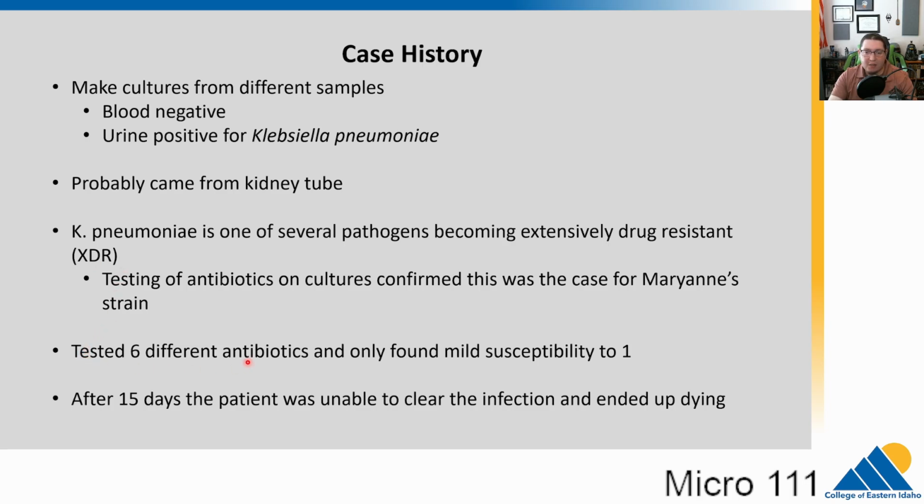We test 6 different antibiotics. We find only one of them works even mildly. That's not good news. Because we have no way to kill those microbes, after 15 days, this patient is unable to clear the infection. Her immune system cannot deal with it, and she ends up dying from this.